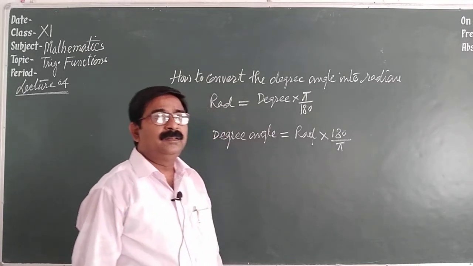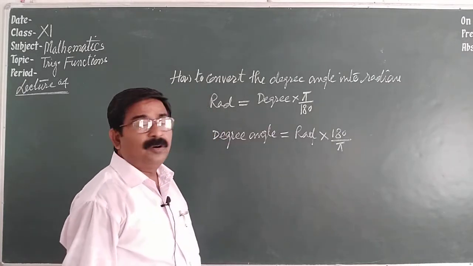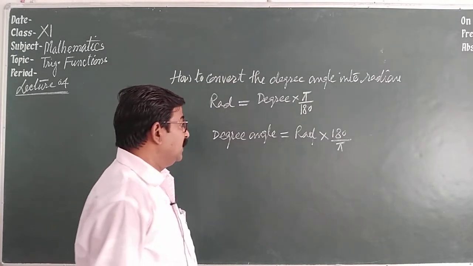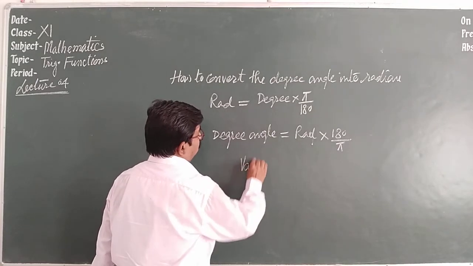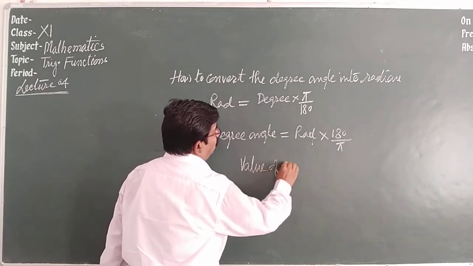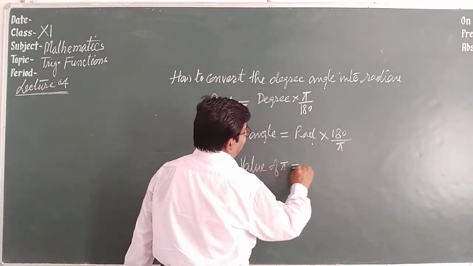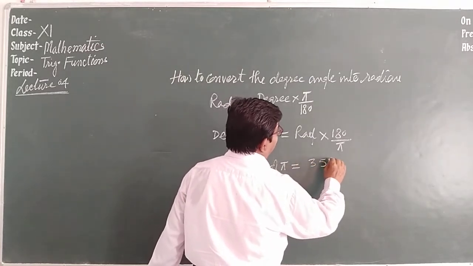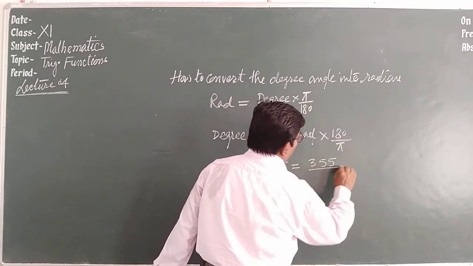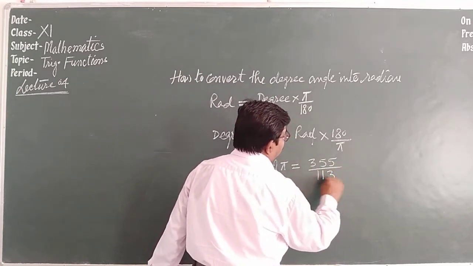In the opinion of some mathematicians, the value of pi is 355 upon 113.